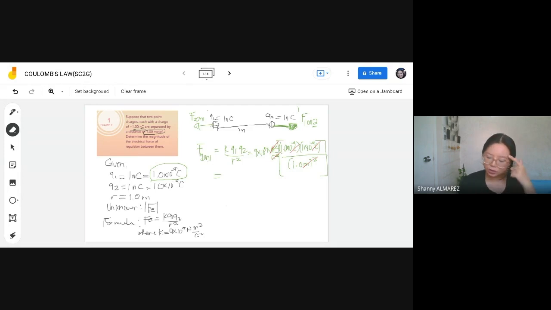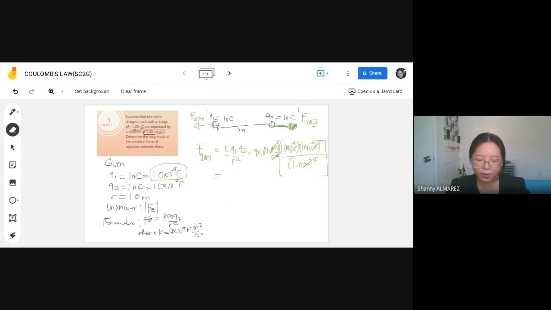Okay? Sige, so from this particular equation, after evaluating it, what would be the value of the force of 2 on 1? You will get, so using your calculators, sabay-sabay natin i-compute. 9 times 10 raised to 9 times the quantity. So tapos press the fraction.